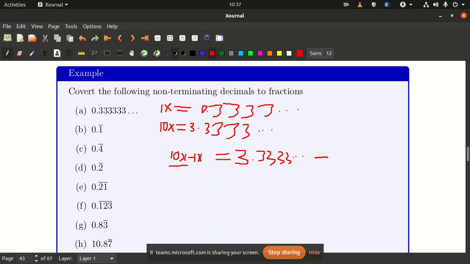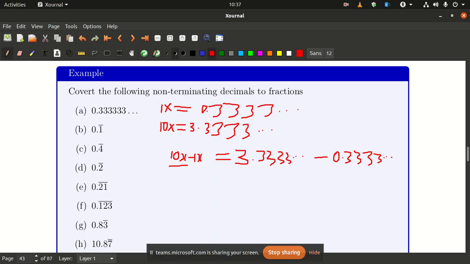And then we deal with 1x, which is 0 point, and then you have a 3, and another 3, and another 3, and you continue until the end.